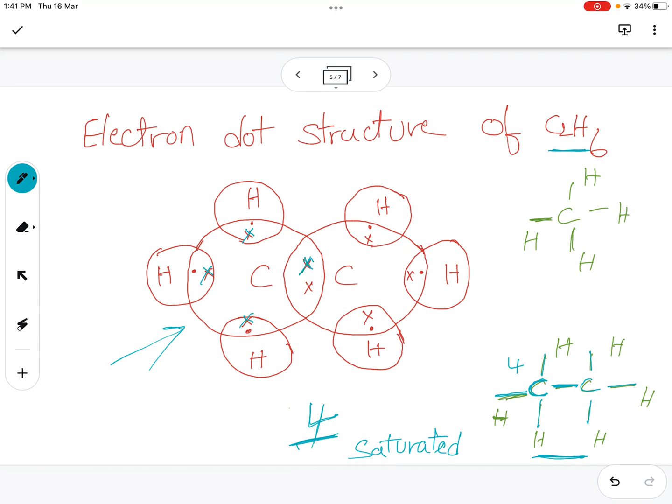These are the 4 valency electrons of carbon. These are forming bonds with hydrogen atoms. Here I am representing with electrons. These 4 electrons are carbon electrons and these dots are hydrogen electrons. The same I have represented in the electron dot structure.